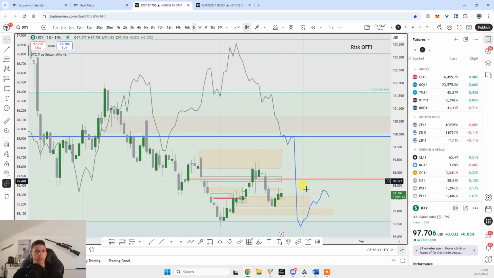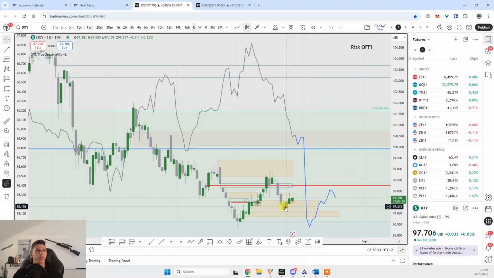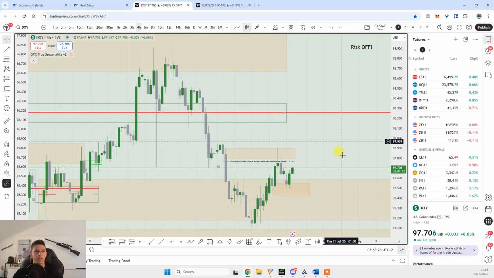And if we see seasonality, it's like really dropping. So, yeah, maybe for today or tomorrow we can see a push up, but then we can expect lower dollar here.